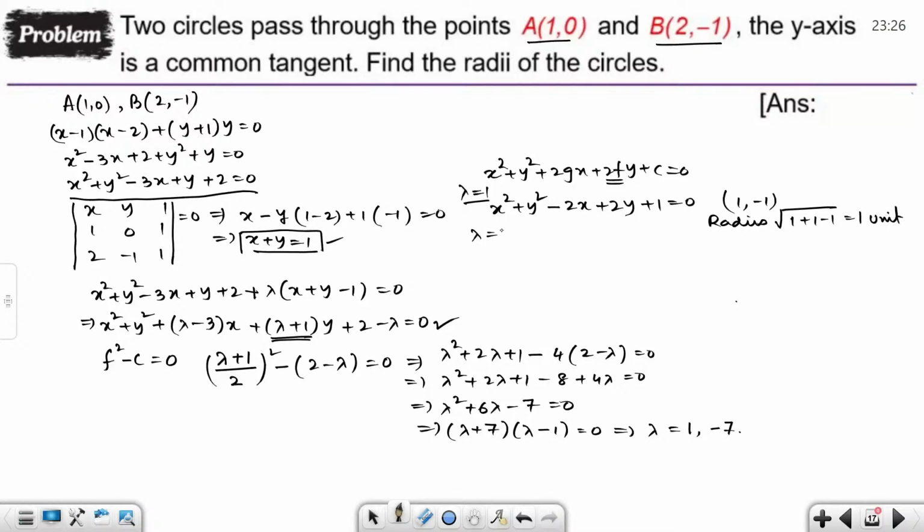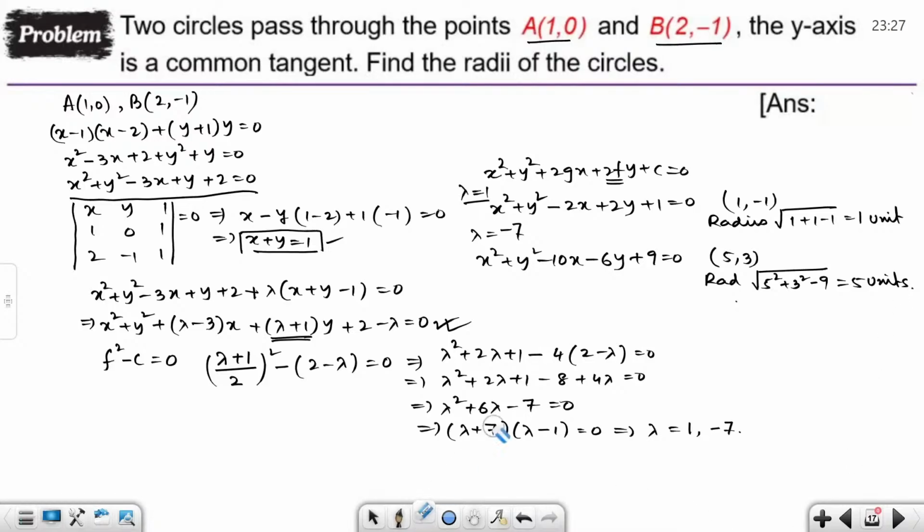And if I put lambda as minus 7 in this equation, we are getting its center at, and radius will be, so it's coming to 5 units. Am I correct? So the required radii of the circles are 1 unit and 5 units.